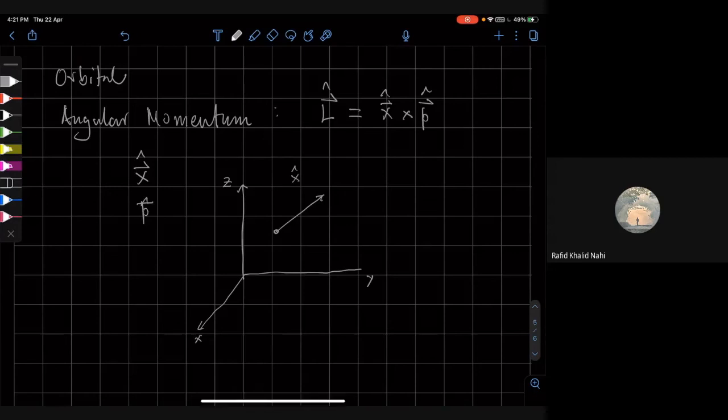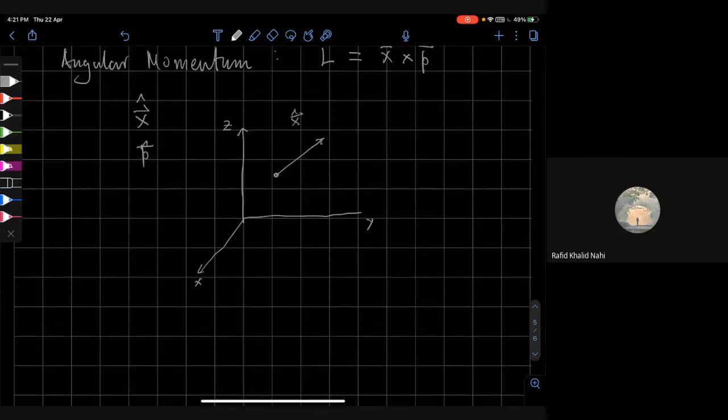Now, if you apply the parity transformation to x, what happens to x? It doesn't have to be an operator. We can just think of it as a vector. It flips, right? Yeah. Parity flips it, right?